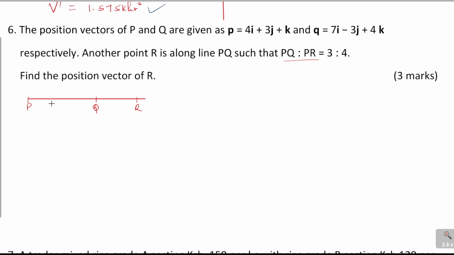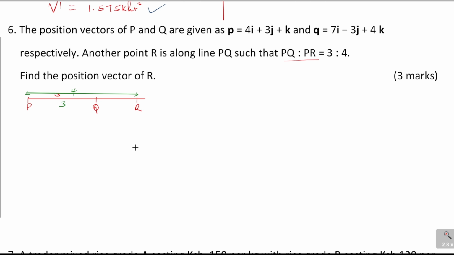So that means PQ, that length, is 3, and then P to R is 4. So the whole of that length there is 4, and this part, PQ, is 3.